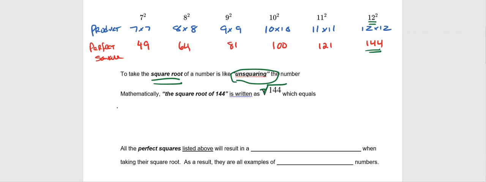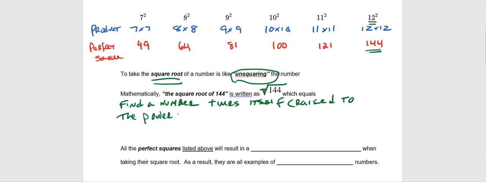So we're essentially saying, when we are looking for the square root of a number, we're looking to find a number times itself, otherwise known as raised to the second power, raised to the power of 2, that equals the given perfect square.